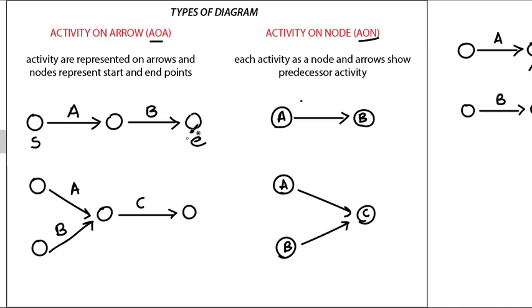Now in this, A and B should be completed for C to start. Similarly here, A and B should be completed for C to start. So remember this is represented on arrows, and this is represented on nodes. So that's AOA and AON.